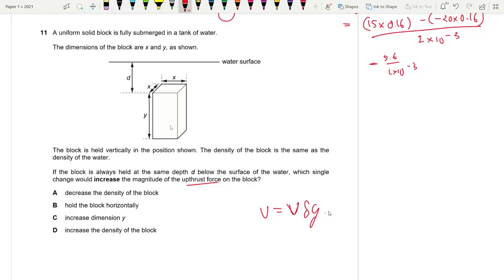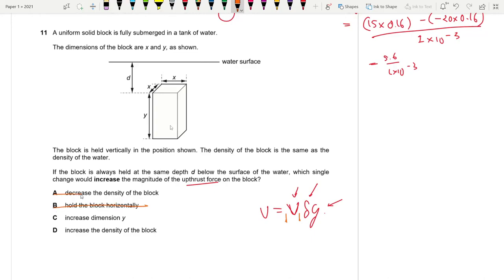Remember that V is the volume of the block, rho is the density of the liquid, and g is the value of the gravitational field strength. Now, to decrease the value of upthrust, we either need to decrease the volume, decrease the density of the fluid, or g. So holding it horizontally wouldn't change the volume.